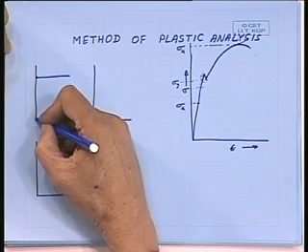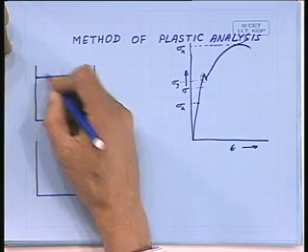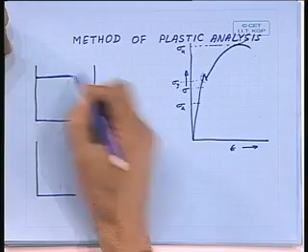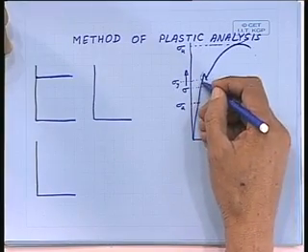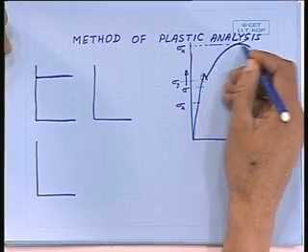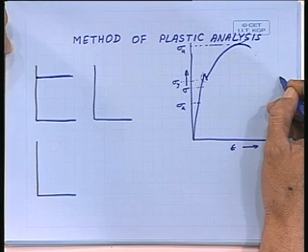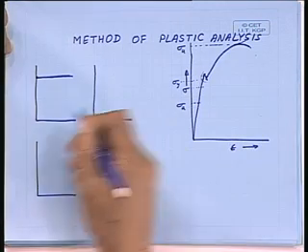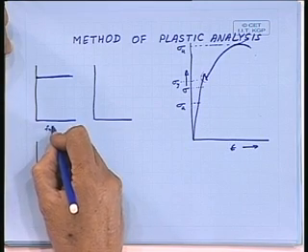You keep stressing the thing, there is no deformation, and when the material becomes plastic, it goes like this. That means this part of the curve I have taken back, and this non-linear part I have made flat. So that is one assumption. Okay, so fully plastic.